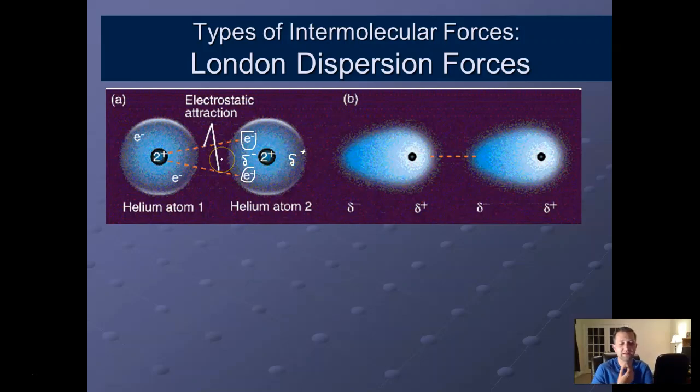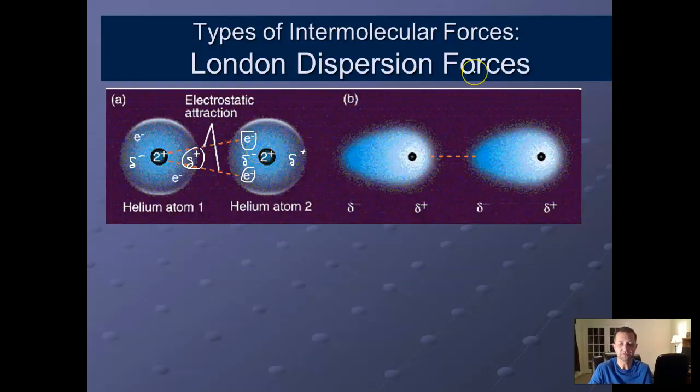It means if it comes near another helium atom, the partial negative charge on this one is going to create a partial positive right here, and it's going to create a partial negative over there, okay? Opposites attract. So a partial negative is going to be attracted to a partial positive. It's going to repel the electrons in this helium to the other end, which would make this end right here partially positive. And that only lasts for a millisecond, nanosecond, whatever, a small snippet in time, and then it goes away because these electrons are always moving.